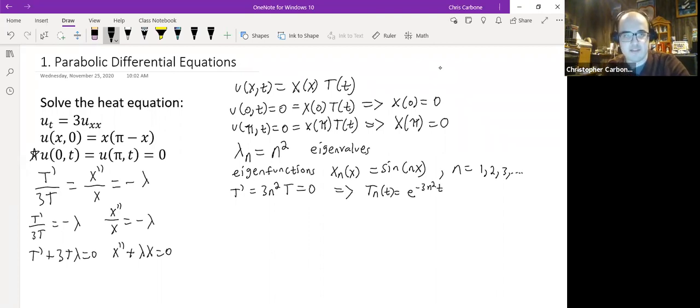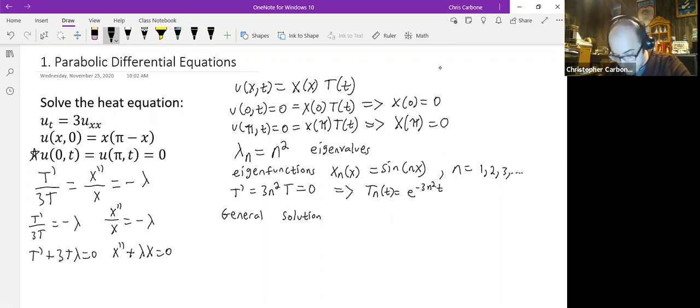And that was just based upon our partial differential equations here. But based upon our eigenvalue, we have our general solution.